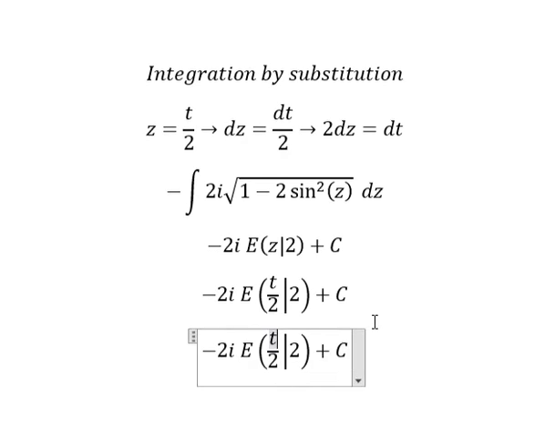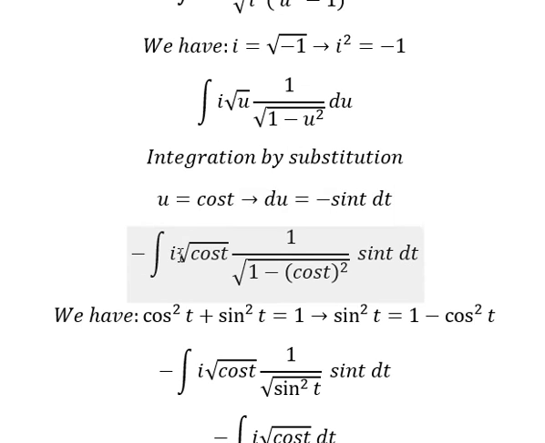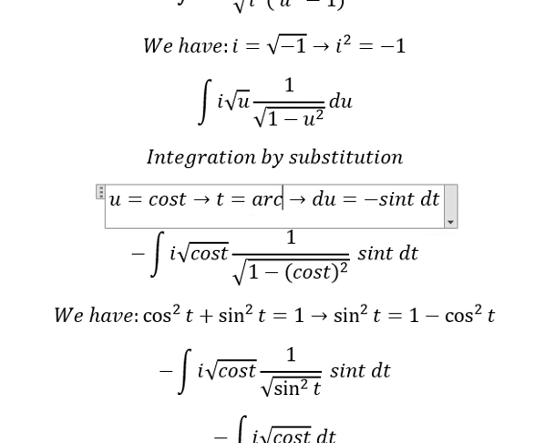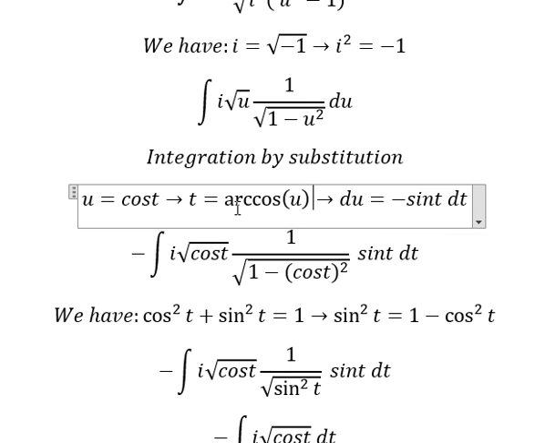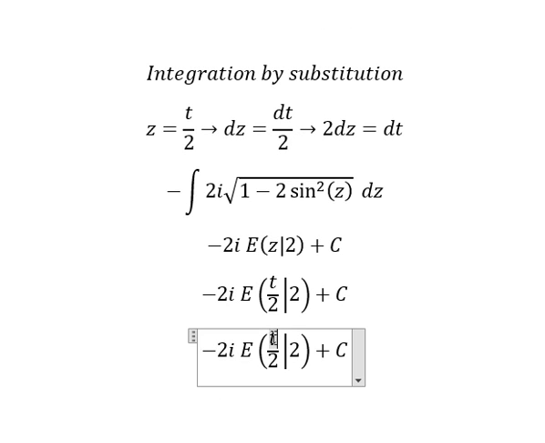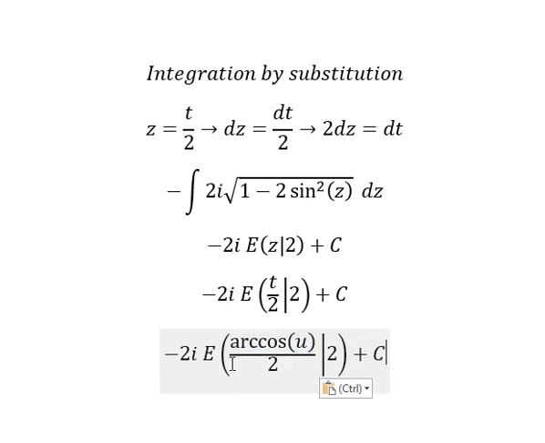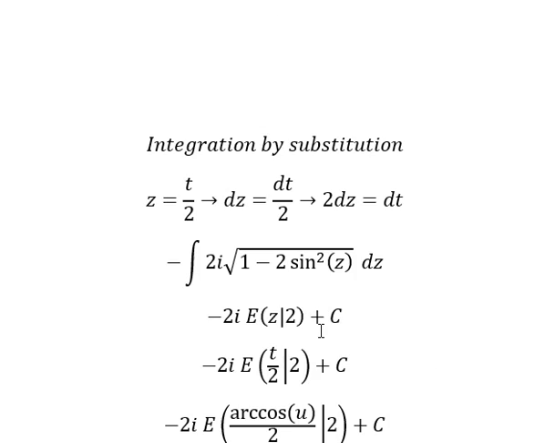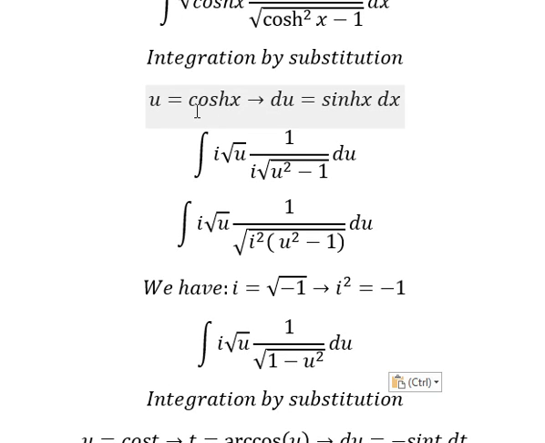About t, this is about this one. So you get t equals arccosine of u. So I will put this one to change for t. About u, that is cosh x.